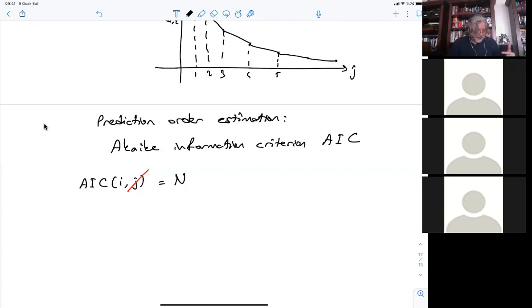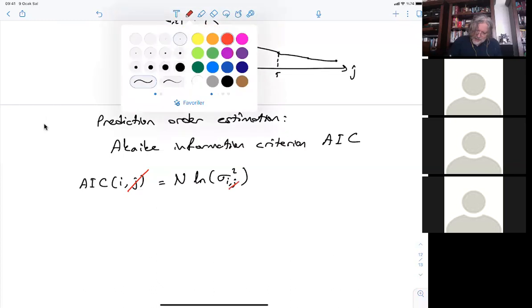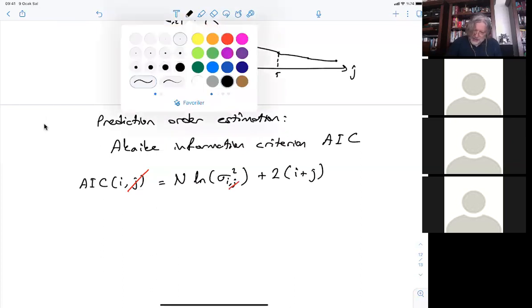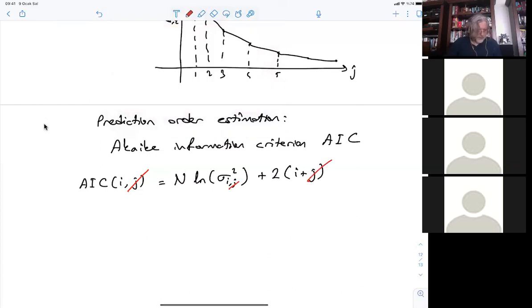But actually in the incremental way, it becomes quite insignificant. Natural logarithm of, so n is the number of data that you use for making estimations. Sigma ij square, where j is again obsolete for our case, plus 2i plus j, again j does not appear in our case.